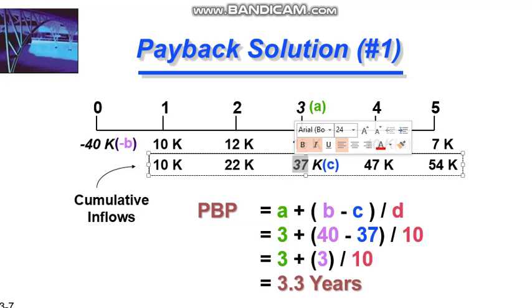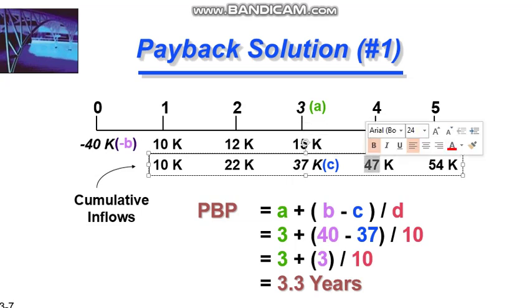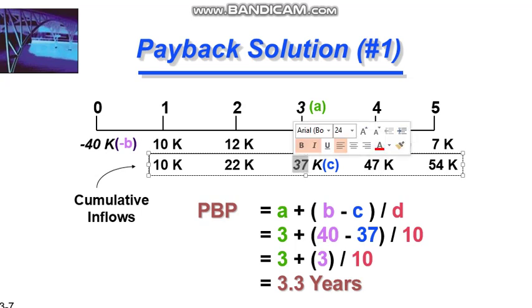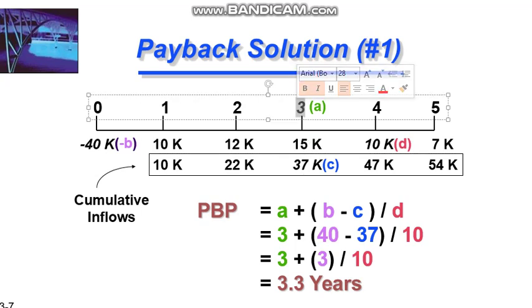Here 37k is immediately less, because 47k is more than that. So we select that year number as A.